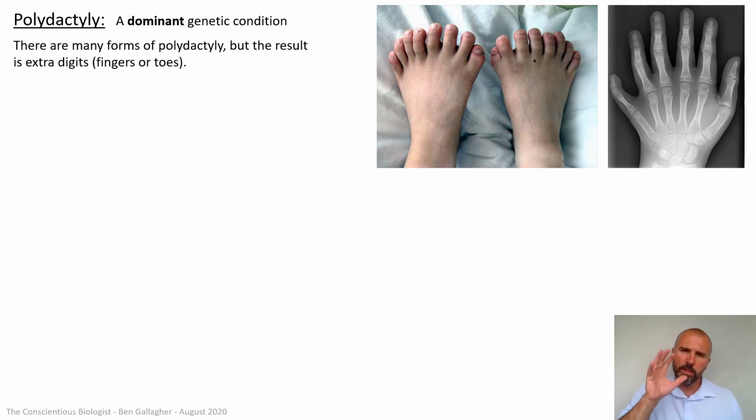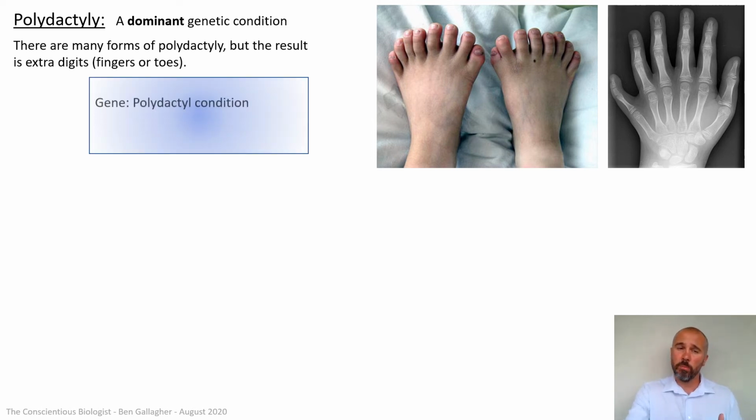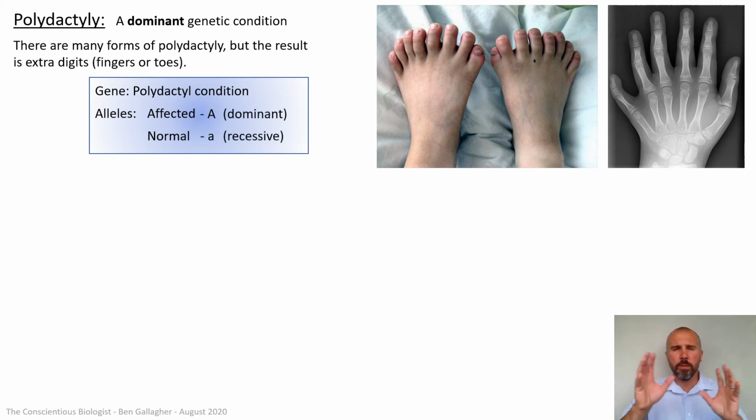Okay. Now the curious thing about polydactyly is it's a dominant genetic condition, as opposed to cystic fibrosis was a recessive one. Now what that means is you only need 1 copy of the polydactyl gene to result in polydactylism. So the alleles can be affected by polydactyl, or not affected or normal. And I don't mean normal, I'm not trying to say that nobody's normal, we're all mutants and mutations from each other.